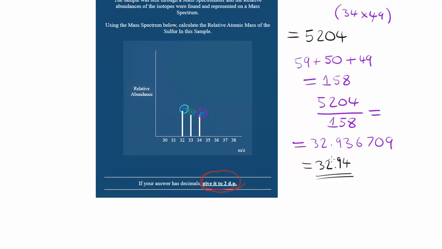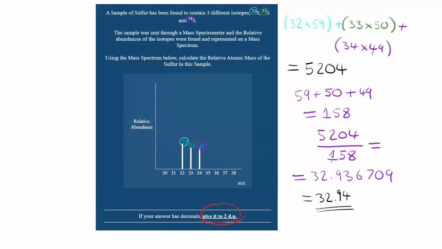We've established that this is the answer, but we could also do a quick sanity check: what range should we expect our answer to be between? The isotopes we were given in the question, 32, 33, 34, effectively establish a clear range of what would be an acceptable answer.